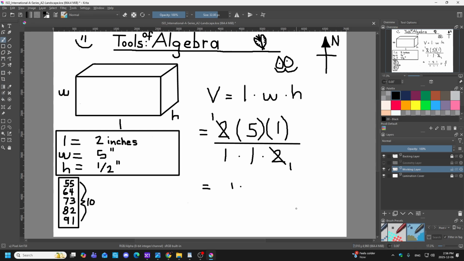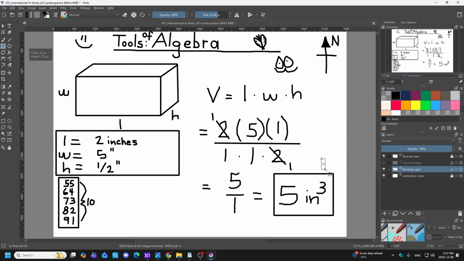I'm showing the long work. So 5 over 1, any value divided by 1 is just going to be the same answer. Our units are inches, and don't forget the cube sign. Okay, we are doing area. And hopefully we are good.